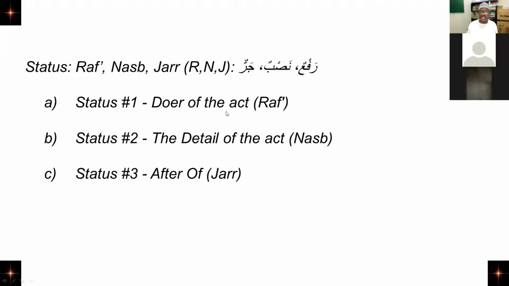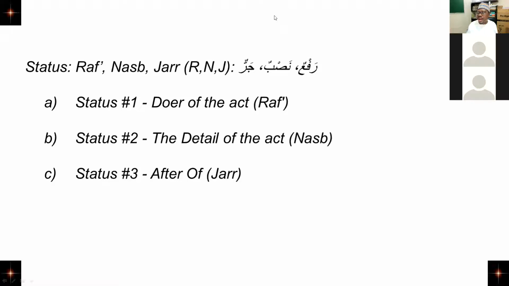An ism can be in rafa status in so many other ways. But this is just an instance of how an ism can be in any of those statuses. So don't forget, statuses are not signs.